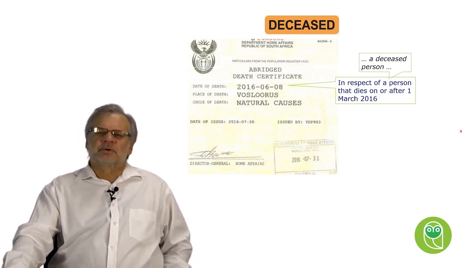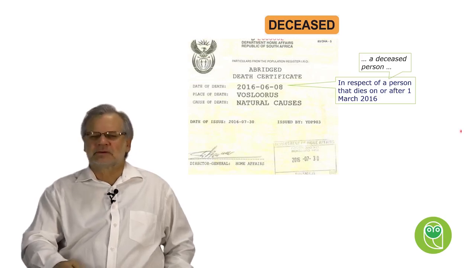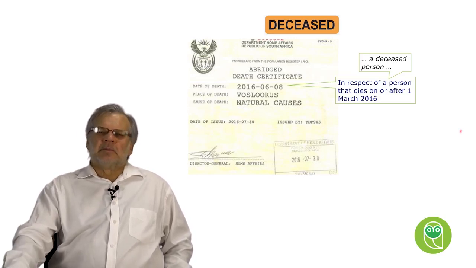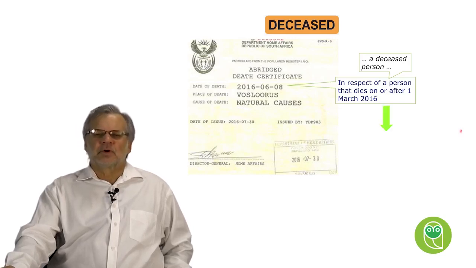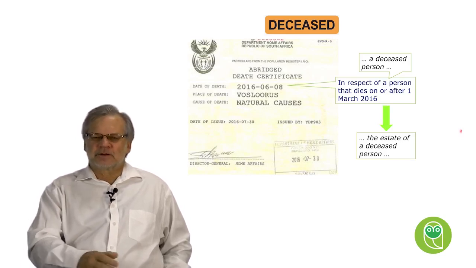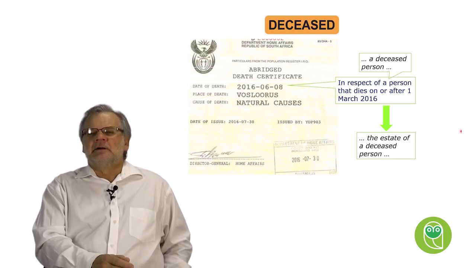Let's just make two definitions that I'm going to use extensively throughout the course of this webinar. The Act refers to a deceased person, that is a person that died after the 1st of March 2016, and then the estate of a deceased person. It's worthwhile saying that again.